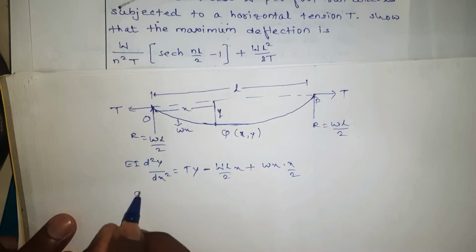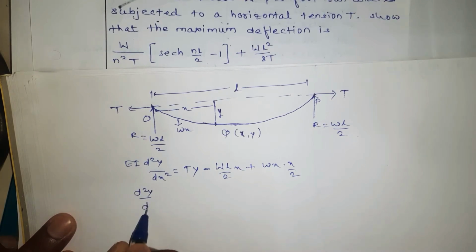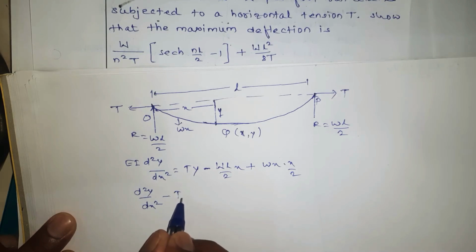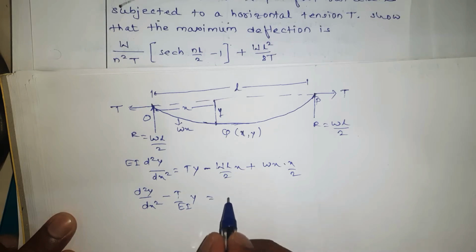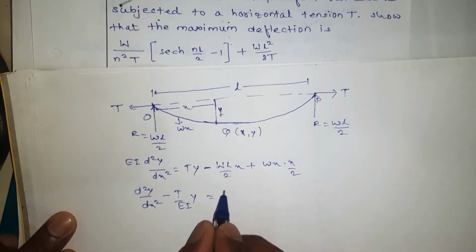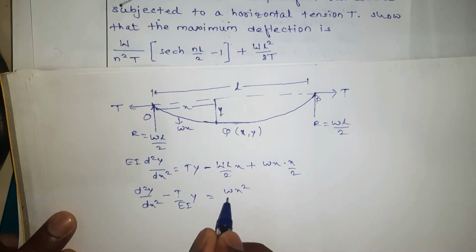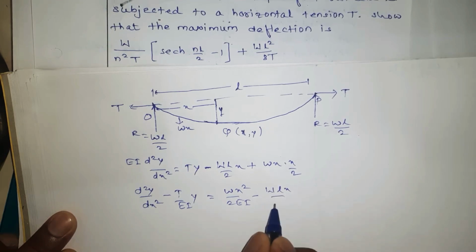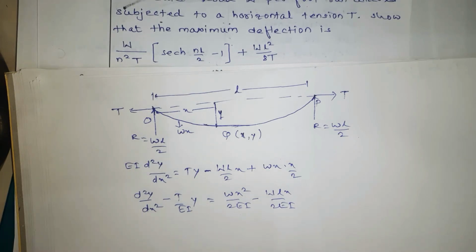What I get is d square y by dx square. I transfer this Ty to the LHS, so T upon EI y is equal to, writing the positive term first, Wx square upon 2EI minus WLx upon 2EI. You may take W upon 2EI common.